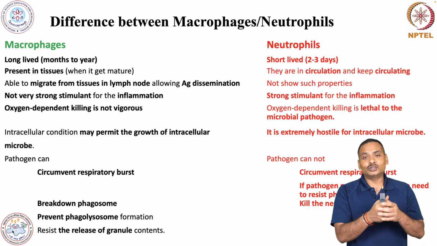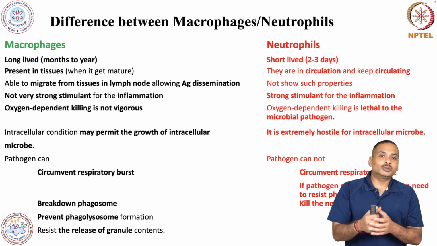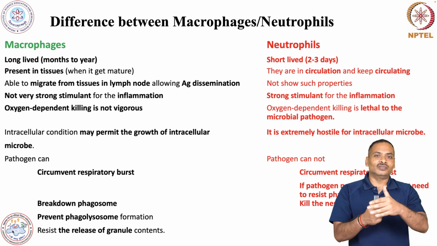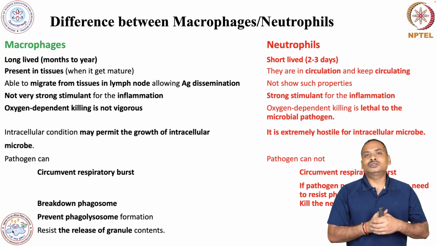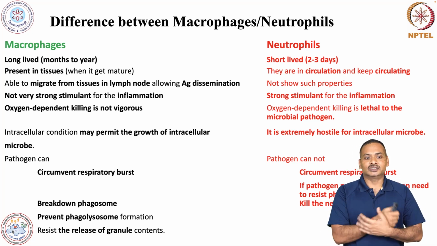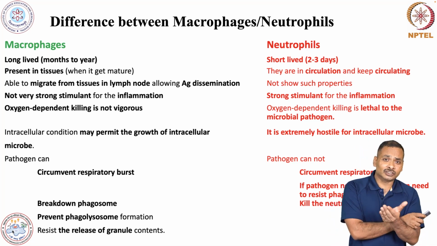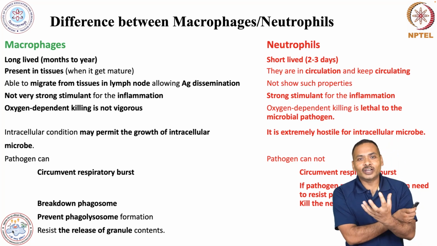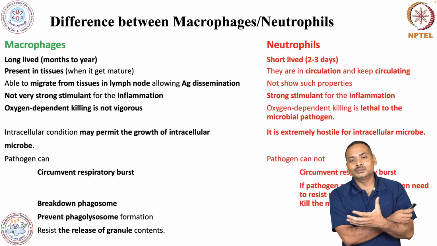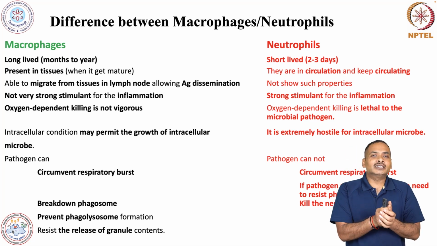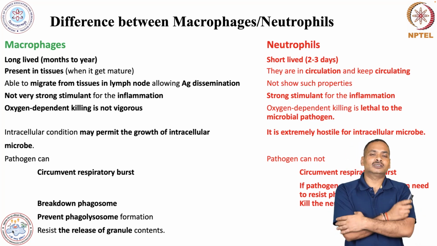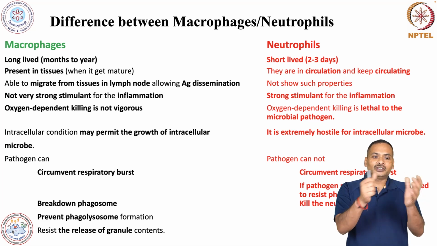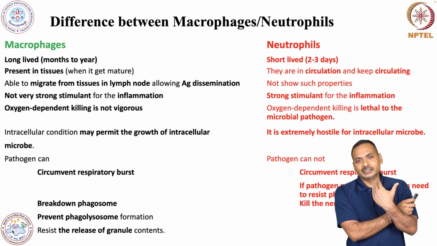In the case of macrophages, the microbe can evade or circumvent it, but this is not true for neutrophils. In macrophages, the microbe can break down the phagosome or phagolysosome, escape from it, and grow.